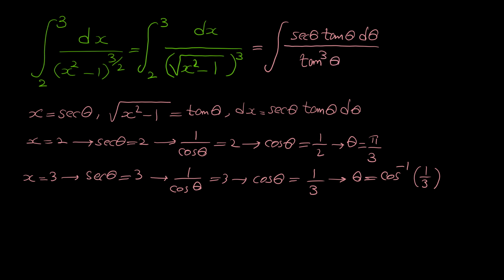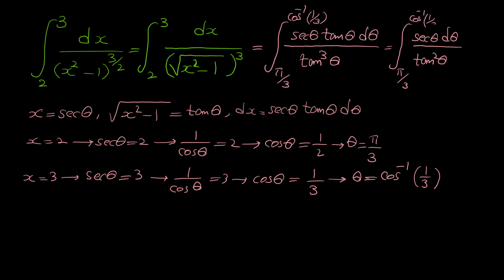And the lower bound of the integral is pi over 3. The upper bound is cosine inverse of 1/3. Simplify tangent with tangent. Then we have integral of secant theta d theta over tangent to the 2 from pi over 3 to cosine inverse of 1/3.